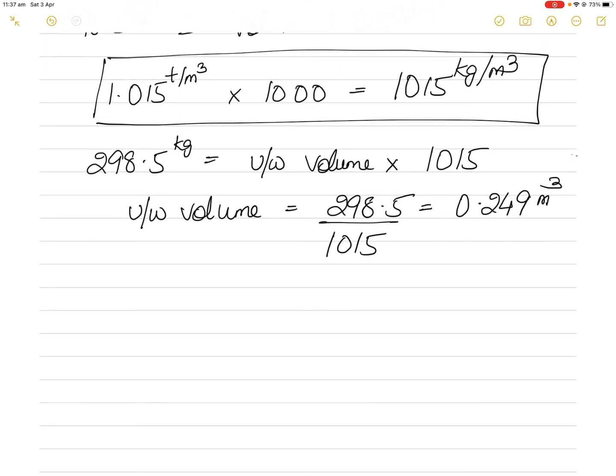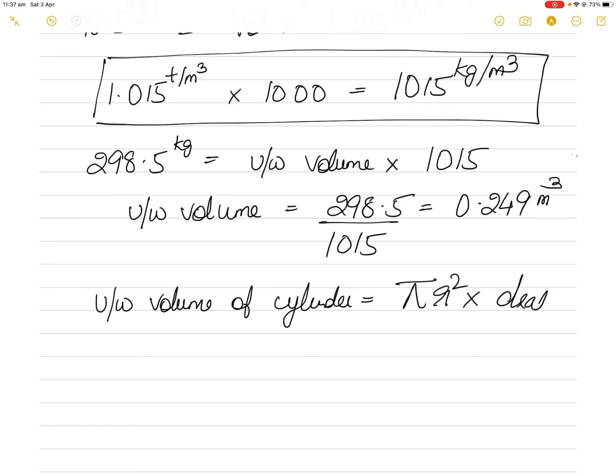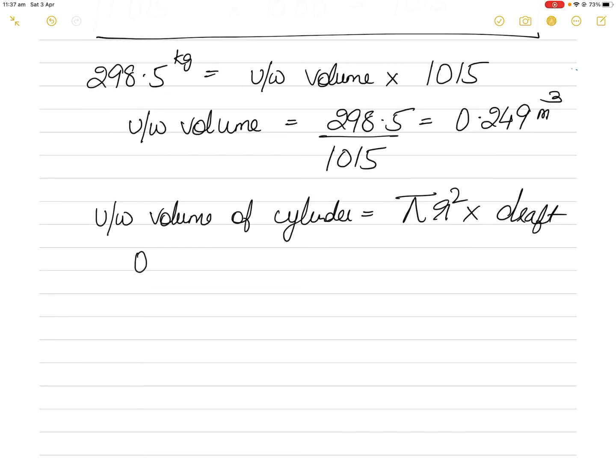Now underwater volume or volume of a cylinder is also equal to pi r square by draft. All right, pi r square by draft. So if the underwater volume you say is 0.249, pi is 22/7. What is r?